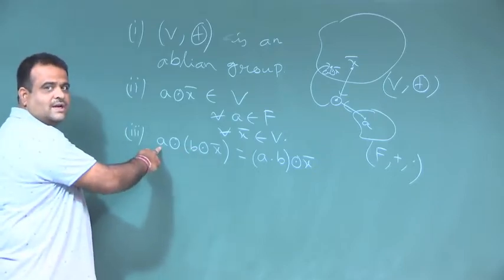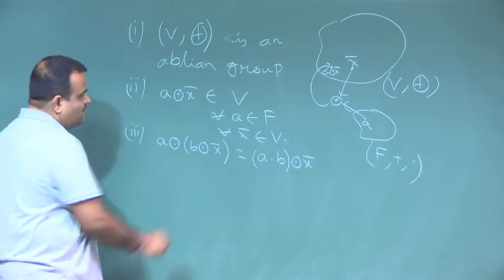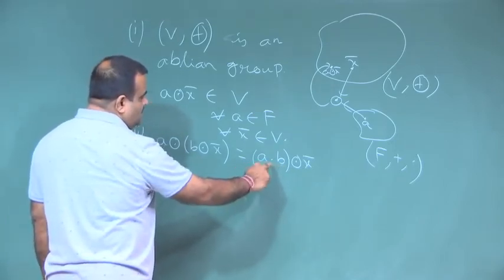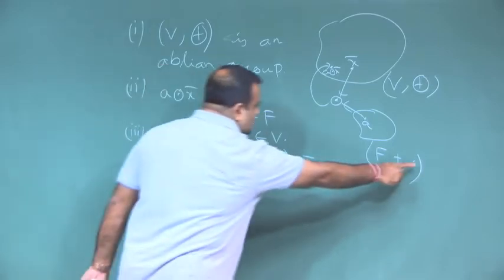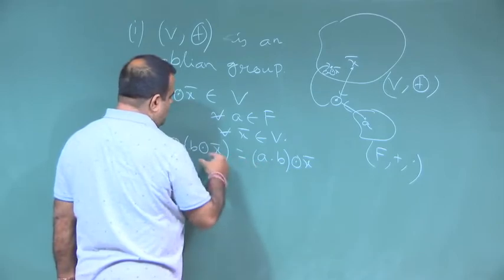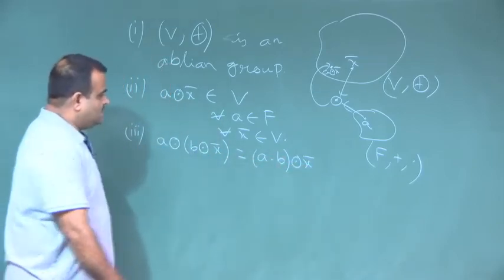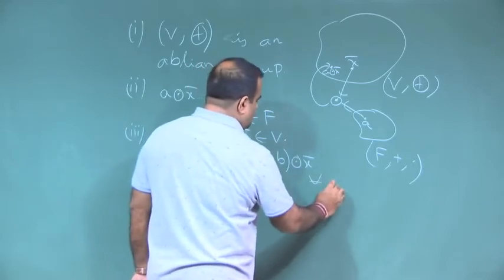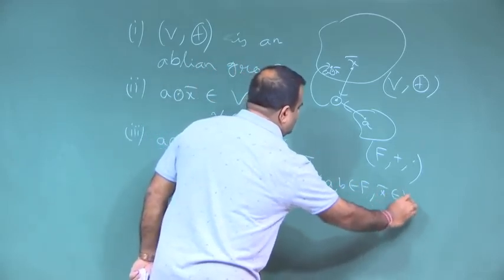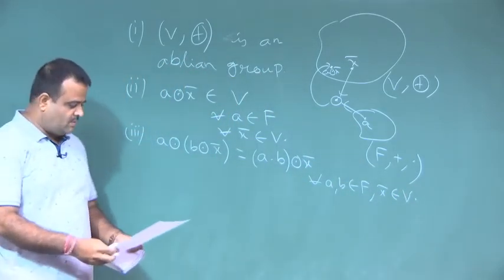Then we can take another scalar A and operate, which will give a vector. That should be the same as (A·B) operate with x, where A is a field element, B is a field element, so this is the field multiplication, which gives again a field element, and x is a vector. This should be for all A, B belongs to F and x belongs to V. This is one of the properties.